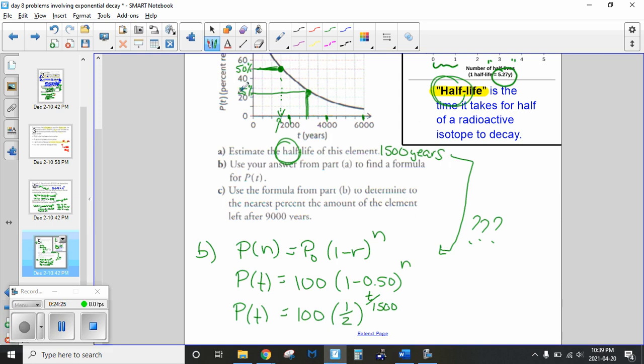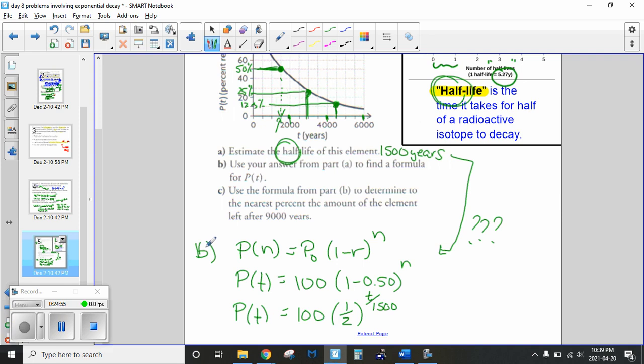So we're down to half again. If we look at a time of 4500 years, then we're down to, it's hard to see on here, but this is 12.5%. Right, so that fraction exponent helps you include a little bit more information.